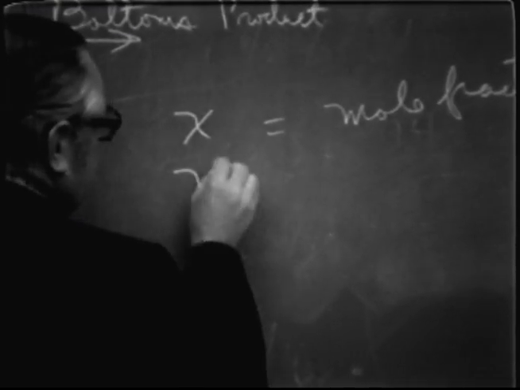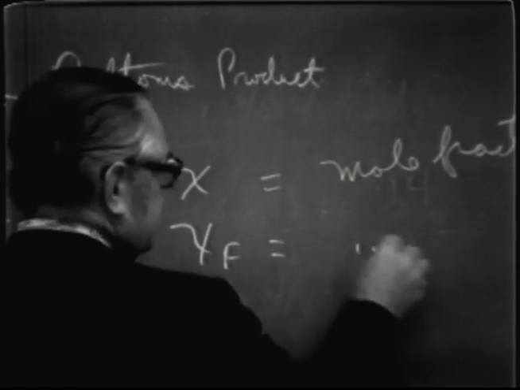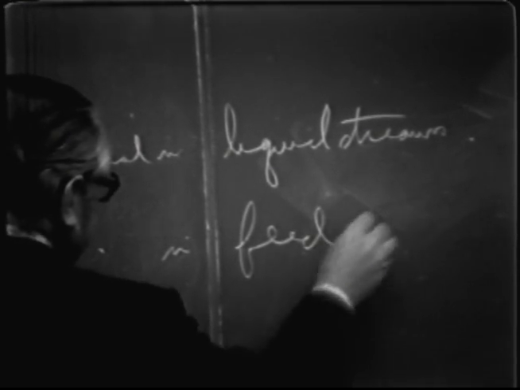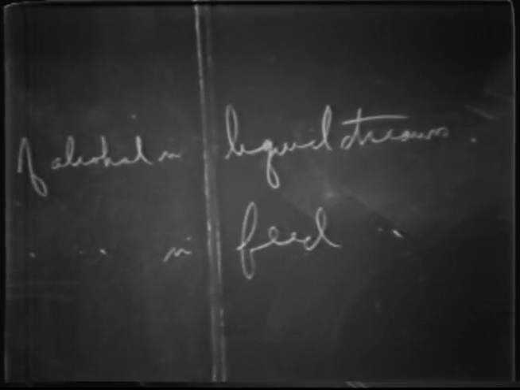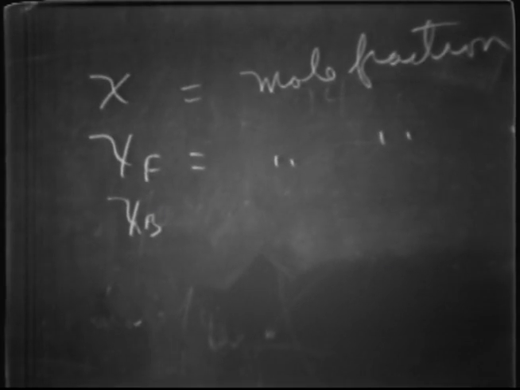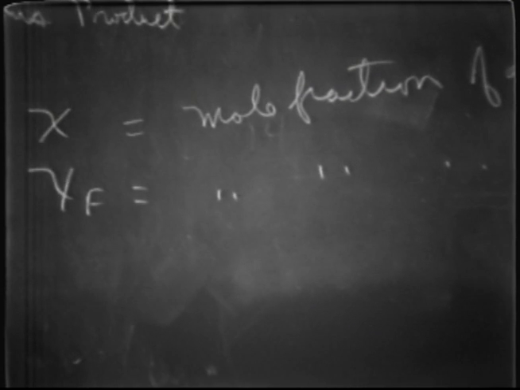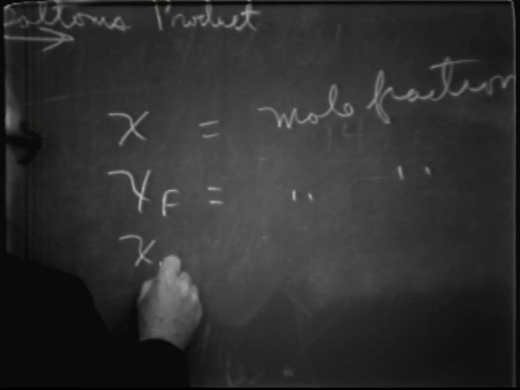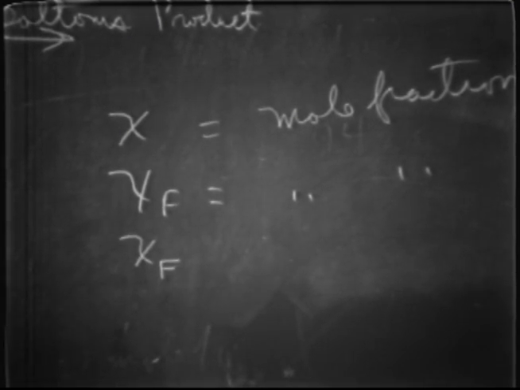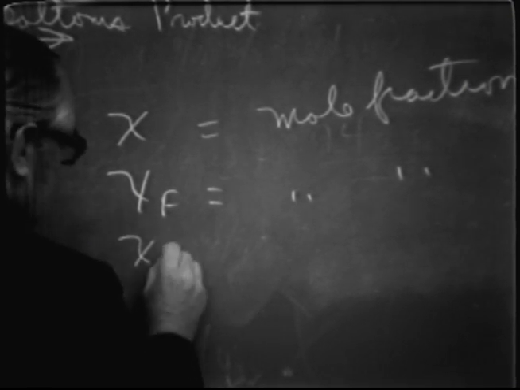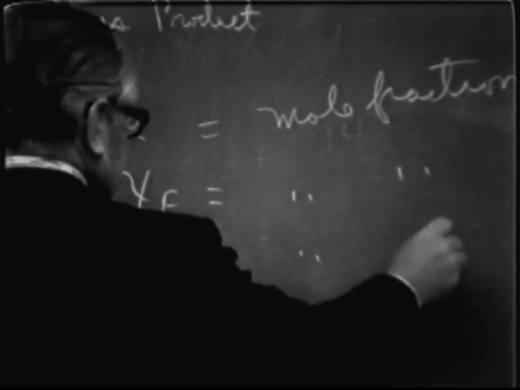So X sub F, for example, would be the mole fraction of alcohol in the feed stream. And similarly, X sub B would be, of course, the mole fraction of that in the bottoms, and so forth. This may not be very clear the way I'm writing it. If you're doing this on a typewriter, that'd be a small x with the subscript capital F.